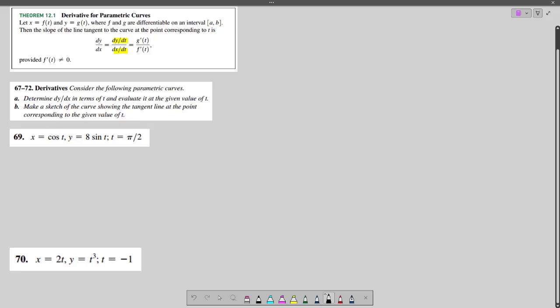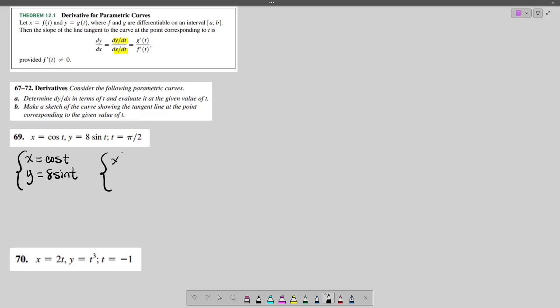So we come down here, and I'll rewrite these stacked. I find it easier to just keep track of everything. So we've got our parametric equations right there. All we have to do is take the derivative of each. Derivative of cosine is minus sine. And of course, we're differentiating with respect to this new independent variable t for each of them. So x prime is with respect to t. Y prime is with respect to t.